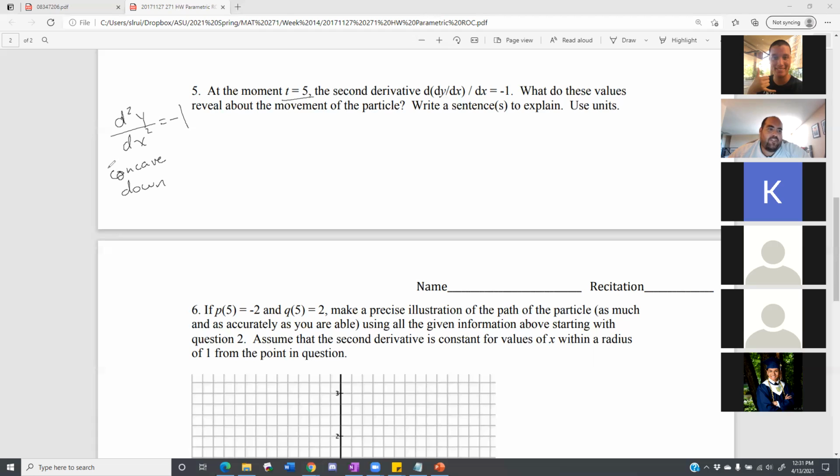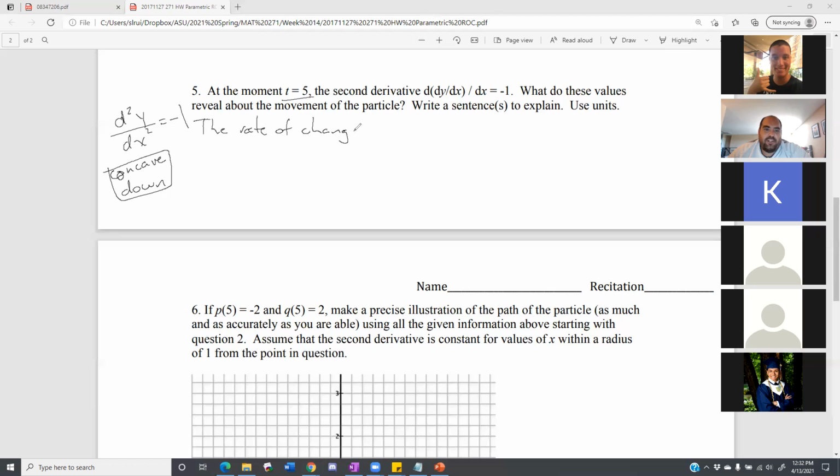What does this terminology mean, concave down? Frowny face, informally. How about mathematically? It means that the rate of change is becoming more negative. Right. So what concave down means is that at this moment the rate of change is decreasing.